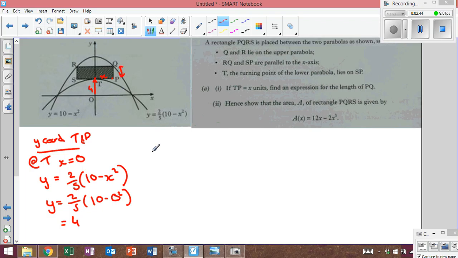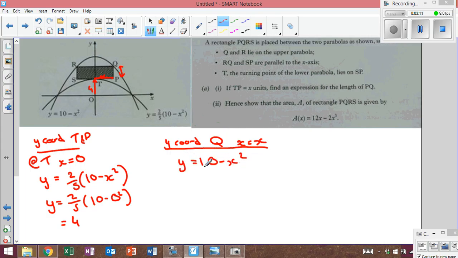Now the y coordinate of Q, well, we don't know exactly what it is, but because that distance from T to P is x, Q is going to be the y coordinate when the x coordinate is just x. So for the y coordinate of Q, x is just equal to x. y is equal to 10 minus x squared.